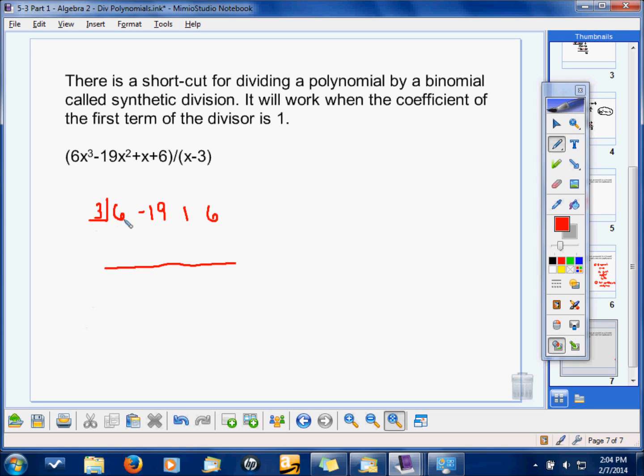Now, you should have a list of numbers here. You have a number in the little box. First step that you're going to do, so it's your step 3, is you bring the first number straight down. Okay, so we're going to bring this 6 straight down.